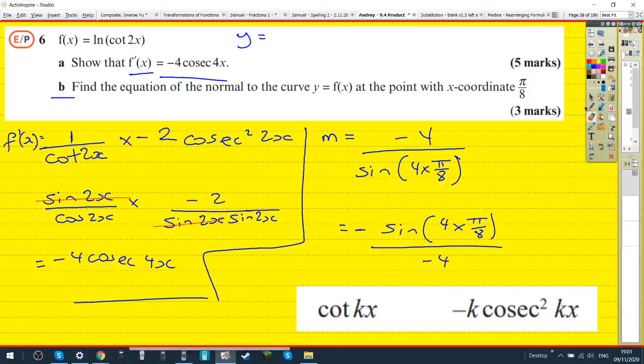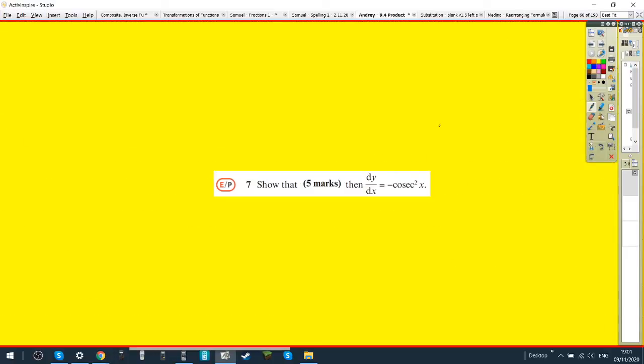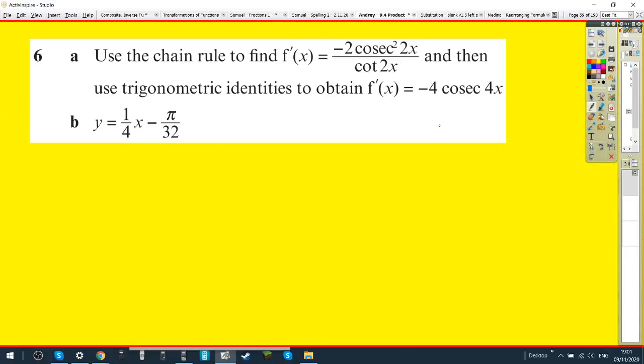How do you do cot 2x in your calculator? 1 over tan 2x. Yeah. ln 1 over tan 2 times pi over 8. That gets you y. This is m. You have x. And then sub them all in to get c. That's it.